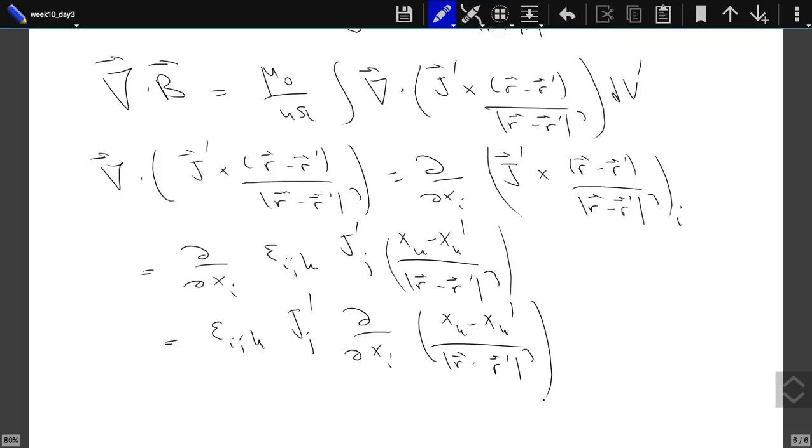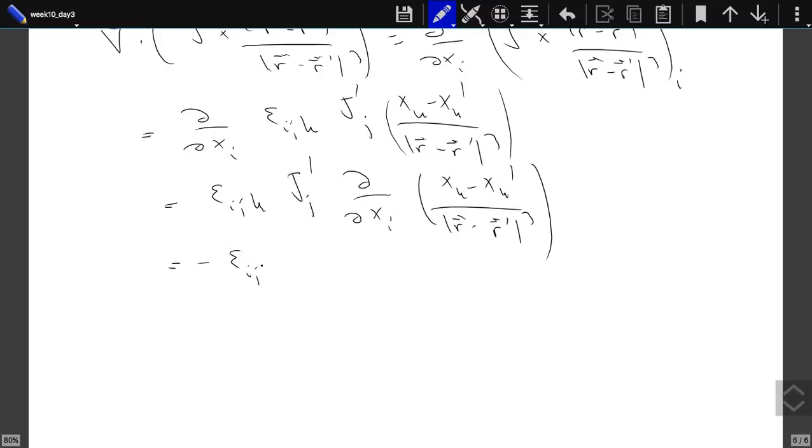Now I'm taking the derivative of the difference of r and r prime. But I know that I can just change the derivative with respect to x to a derivative with respect to xi prime, with a minus sign.